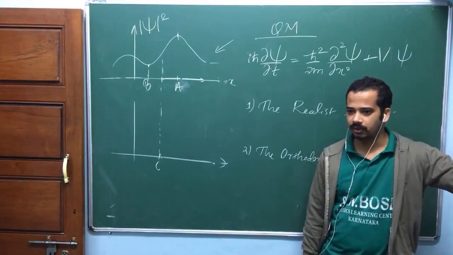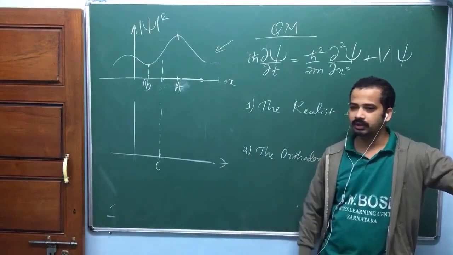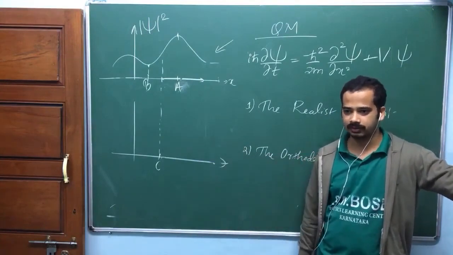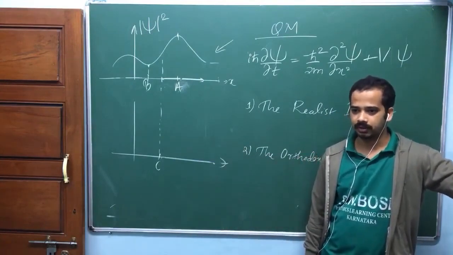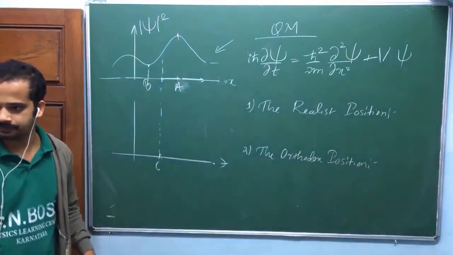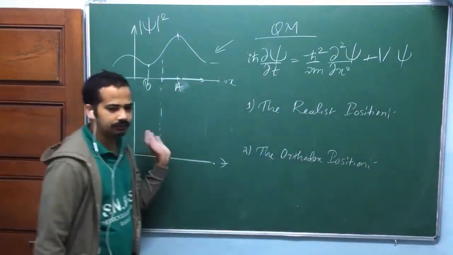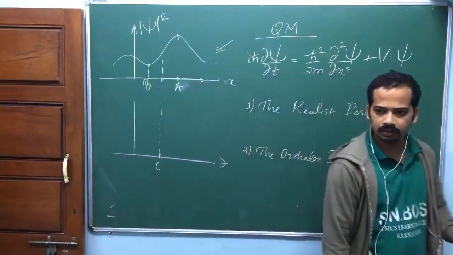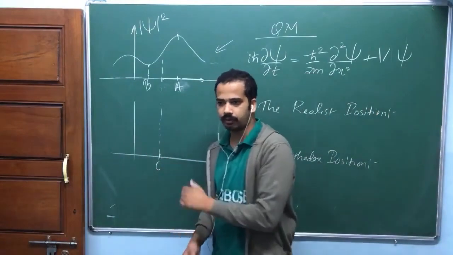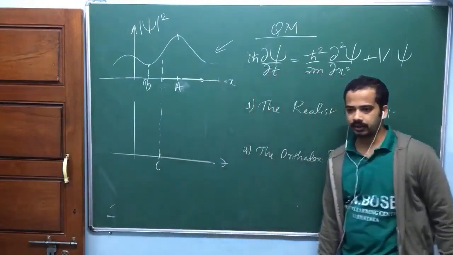Only our act of measurement makes the particle take one stand. Our act of measurement produces the result. The particle was not having any predefined position before measurement. Are you getting my point?